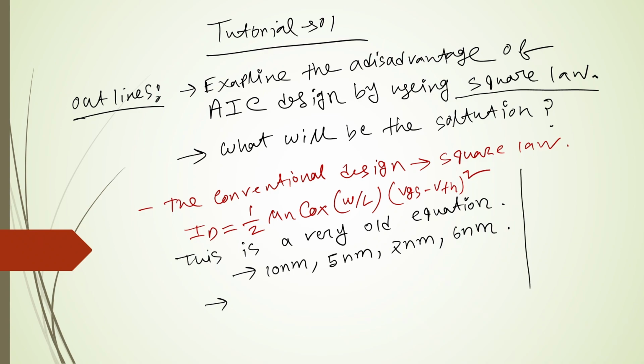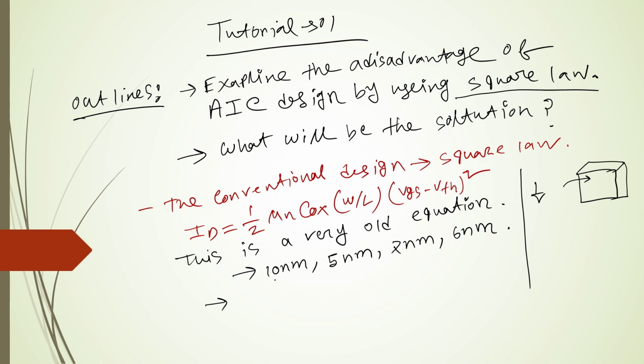Moore's law explained that the MOSFET size will be reduced, and the area will be very small, but inside that area we will implement millions or billions of transistors because we reduce the size of the MOSFETs.